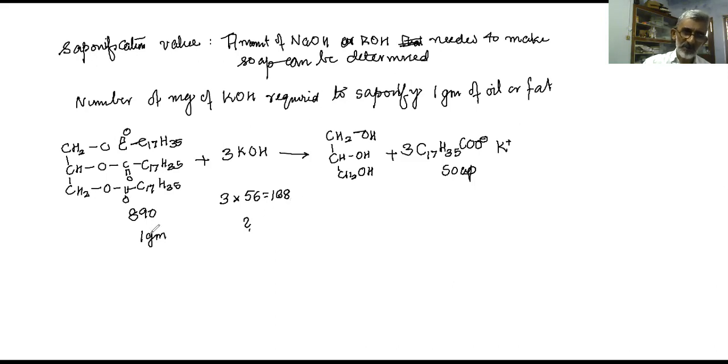So 1 gram will require 168 upon 890 gram, which equals 0.18876 gram, which equals 188.76 milligrams.